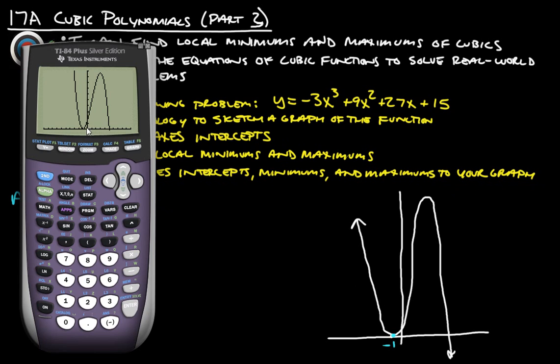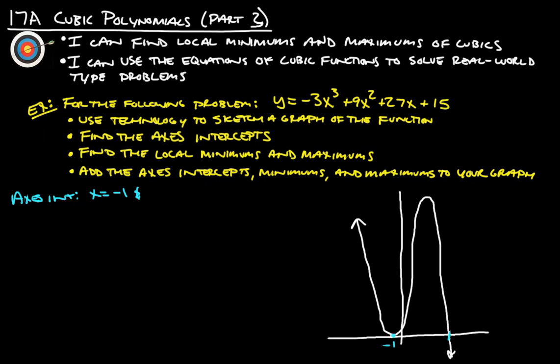The tick marks here are by the x scale of 1, so we'll just count 1 on each one: 1, 2, 3, 4, and 5. So this one here is at 5, so we have x-intercepts at -1 and 5.